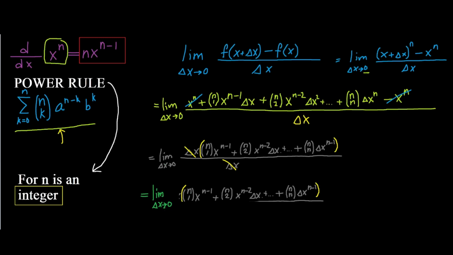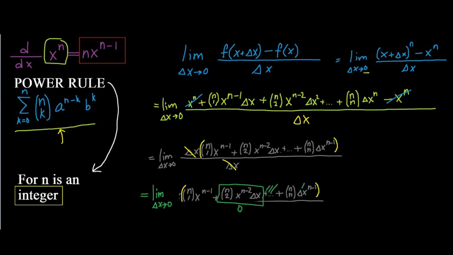Okay, so as delta x is approaching 0, you're going to notice that everything with the delta x, this term here, is going to be approaching 0 as well, right? So if this is approaching 0, then we don't have to worry about it. And the same for every single one of these.